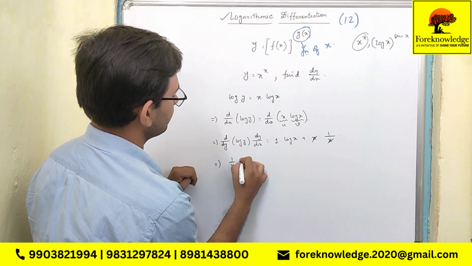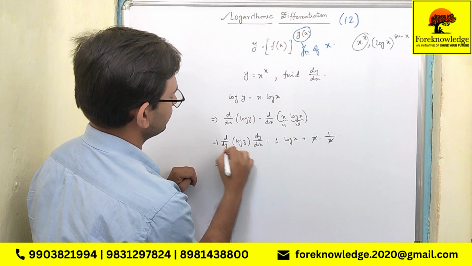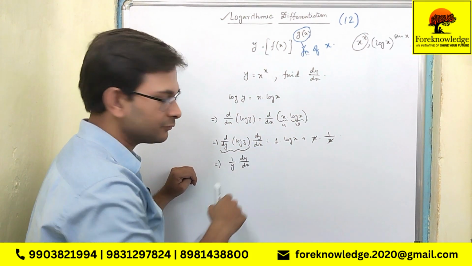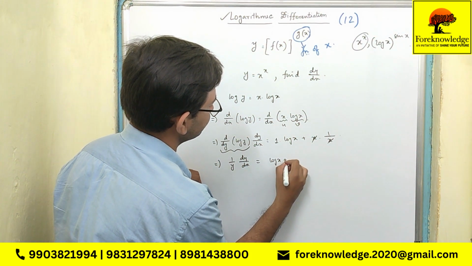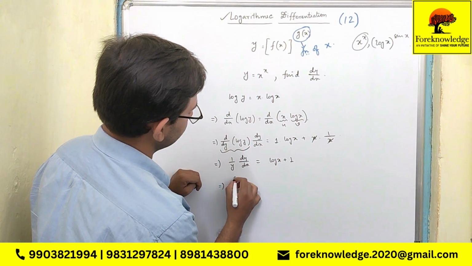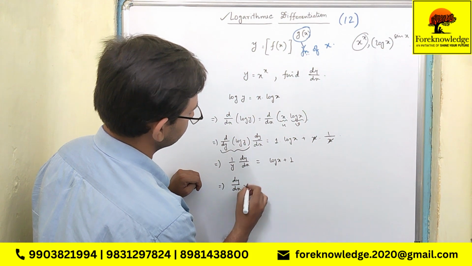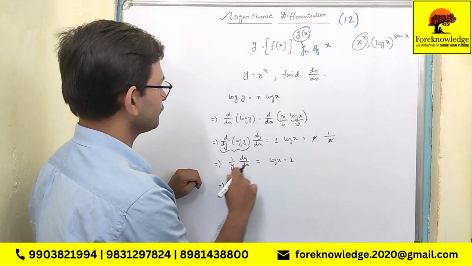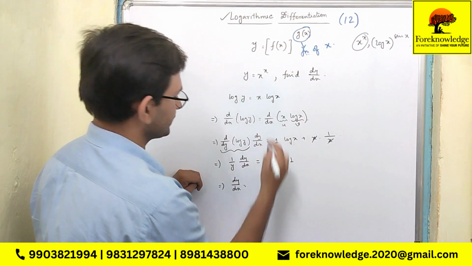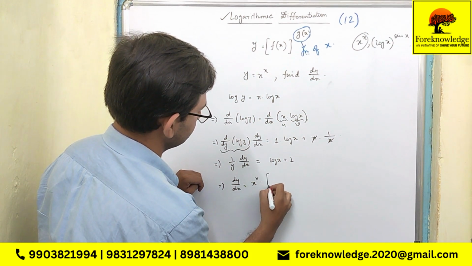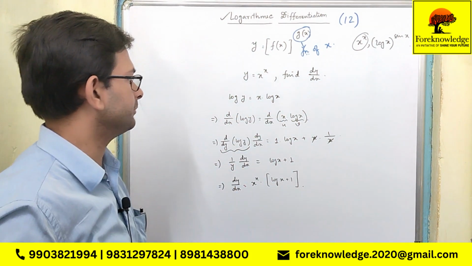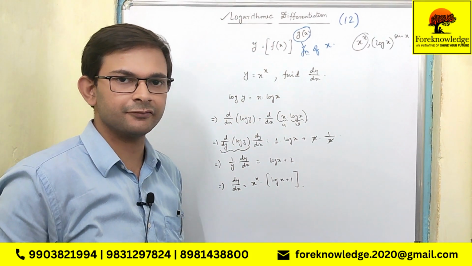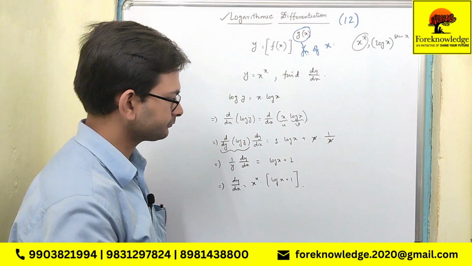So 1 by y, what is derivative of log y with respect to y? That is 1 by y. So 1 by y dy/dx equal to log x plus 1. So dy/dx is nothing but y into this quantity. What is y? y was x to the power x. So x to the power x into (log x plus 1). This was the first problem. Very simple. If you practice, this is very simple.